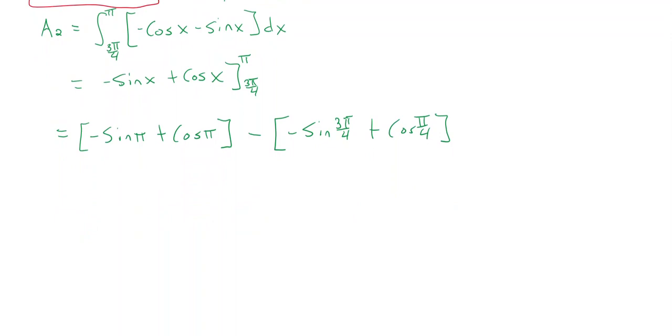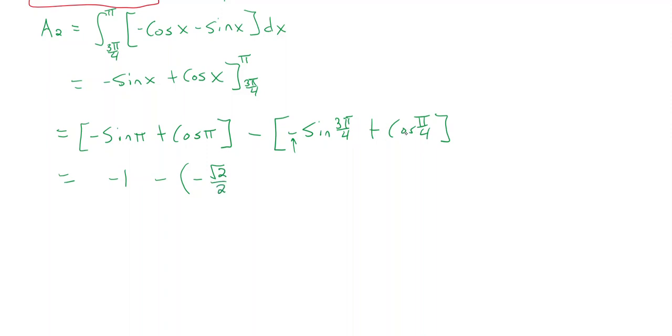Now we'll work through this. Sin at pi has a height of 0, so that comes with a 0. Cos at pi is negative 1. So this all becomes just negative 1, minus. And then negative sin at 3 pi over 4. Sin at 3 pi over 4 is just root 2 over 2, so now it's negative that, negative root 2 over 2.